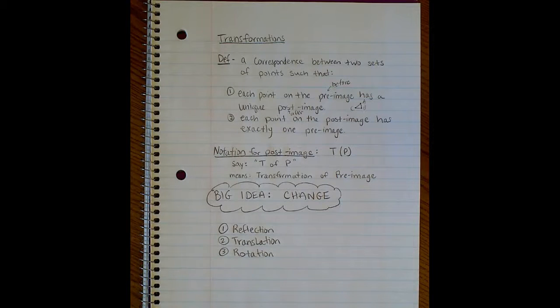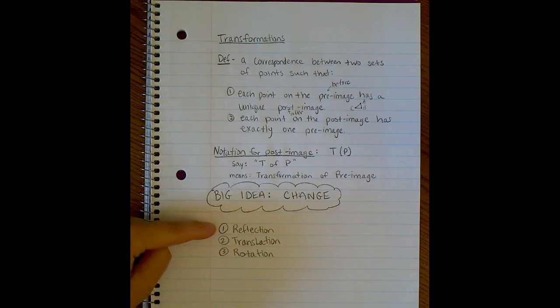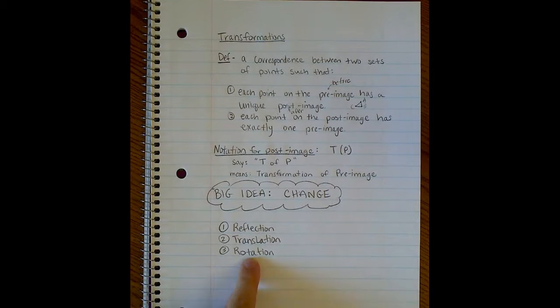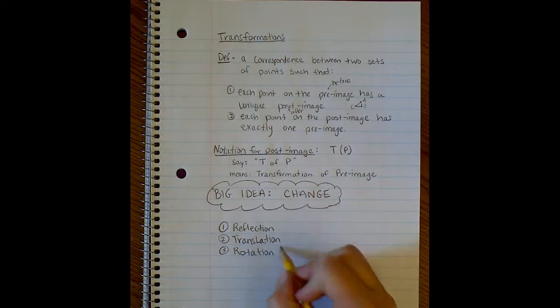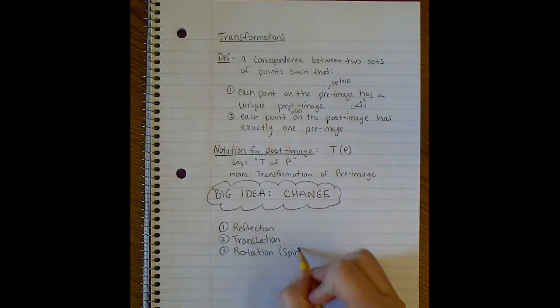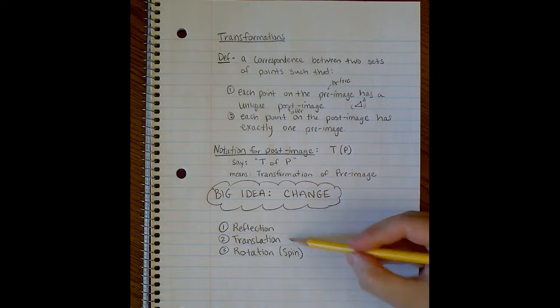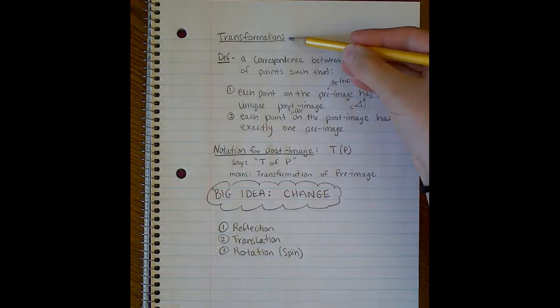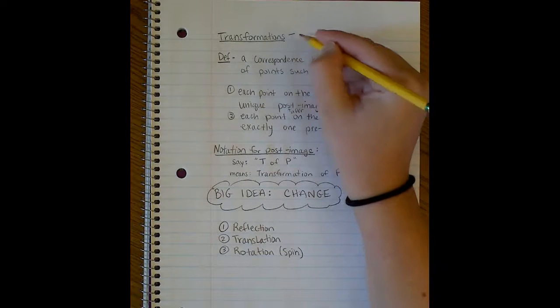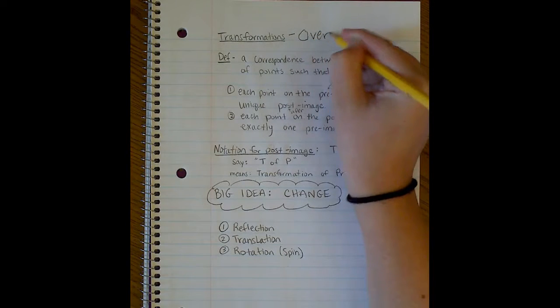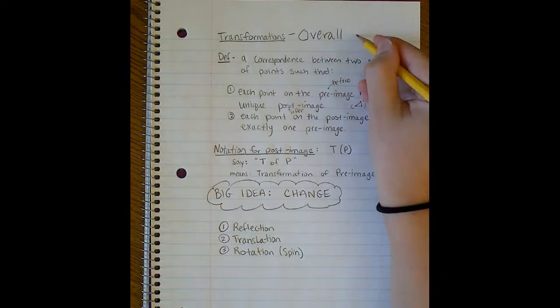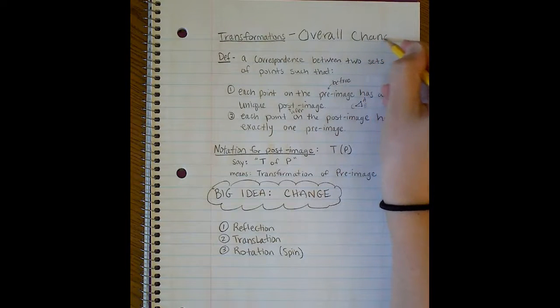Right? So reflection, hopefully we know a little bit about reflections already. Rotations, hopefully we know a little bit about rotations already. Right? That's kind of like a spin. Right? A translation may be a new word for you, and it sounds similar to transformations. But remember, this is the big idea for this whole unit, change.